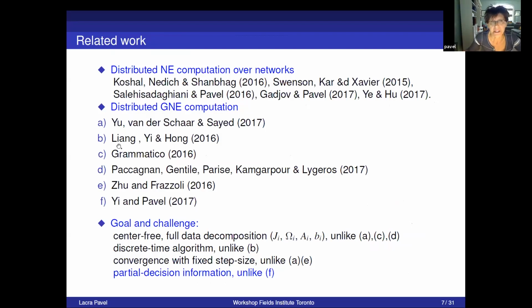But very recently, generalized Nash equilibria in games with coupled constraints have started to be looked at, and here I put some of the works. Now, what I'm going to talk about is an operator theoretic approach that allows one to develop such distributed GNE algorithms and to achieve convergence with fixed step sizes.